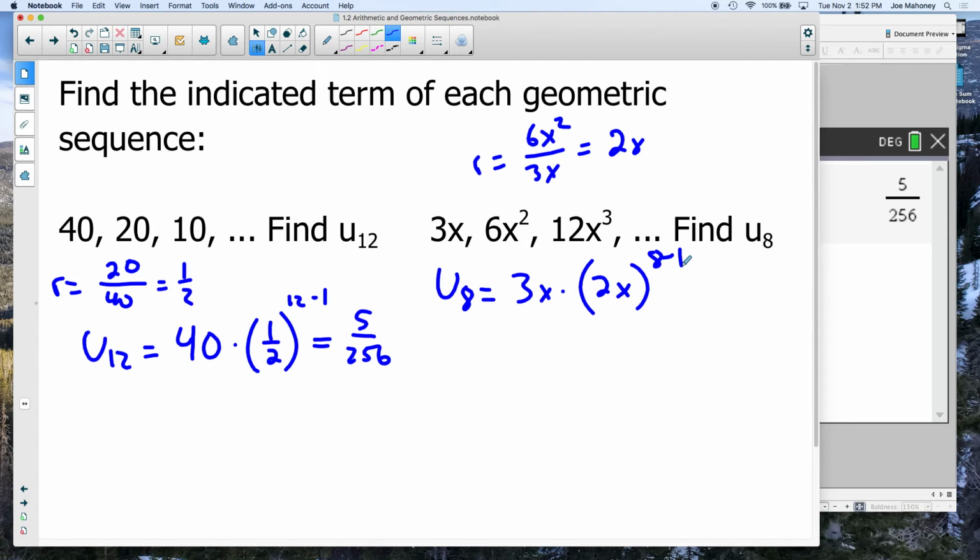So let's figure this out. 2 to the 7th power is 128. So we're going to do 3x times 128x to the 7th. So u sub 8, if we do 128 times 3, we get 384x to the 8th. That would be term number 8.